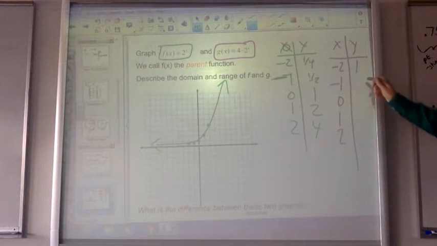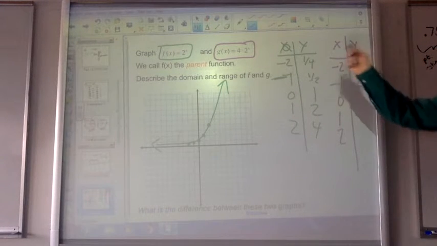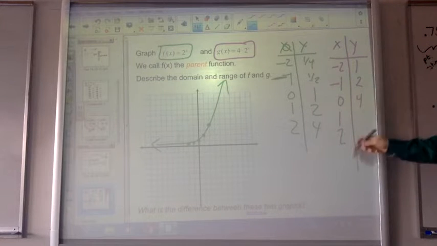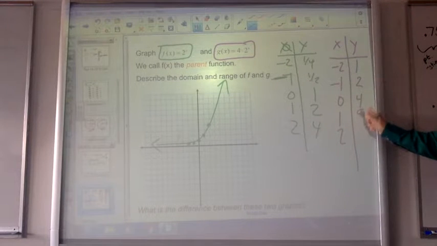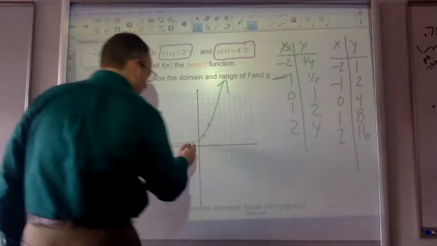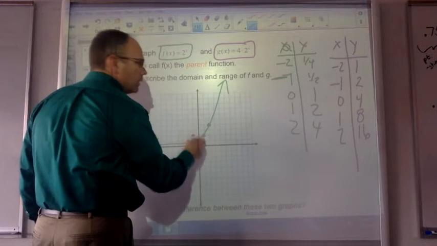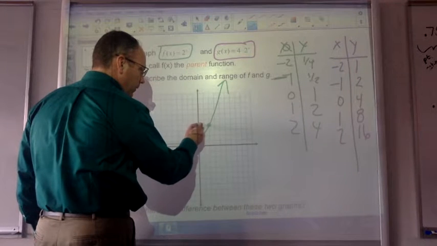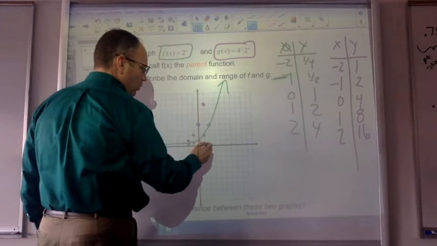What's 4 times half? 2. What is 2 to the 0 power? 1. What is 1 times 4? What is 2 to the first power? 2. What is 2 times 4? What is 2 to the second power? 2 squared is 4. 4 times 4 is? So negative 2 comma 1. Negative 1 comma 2. 0, 4. 1, 8. 2, 16.